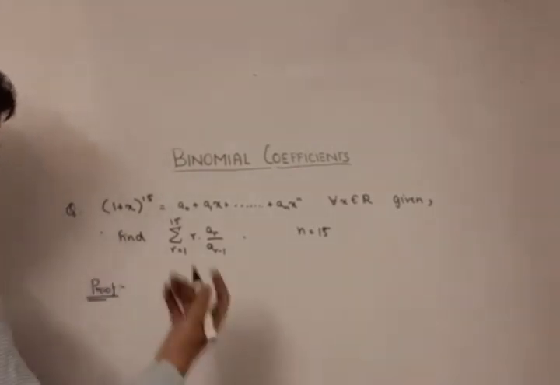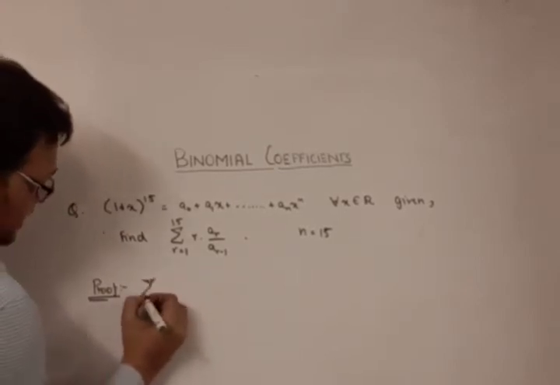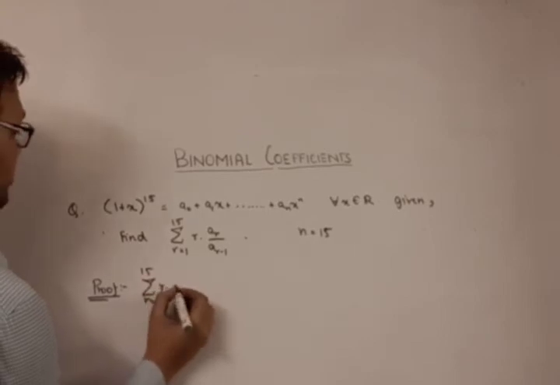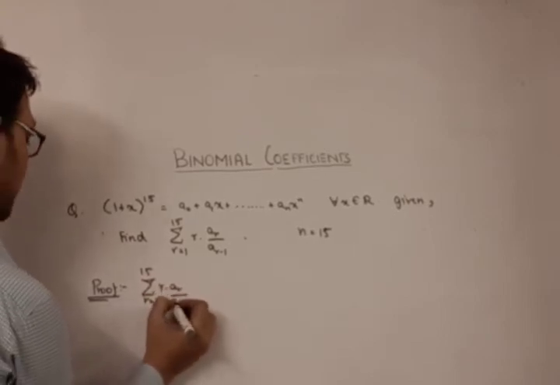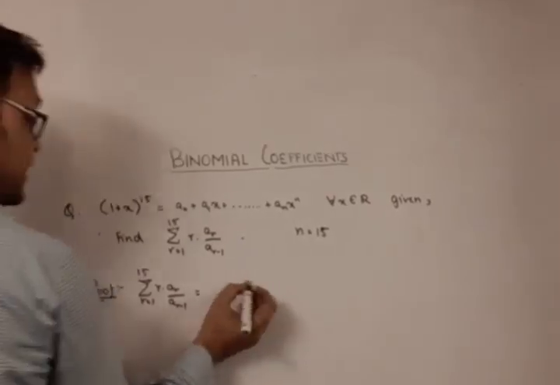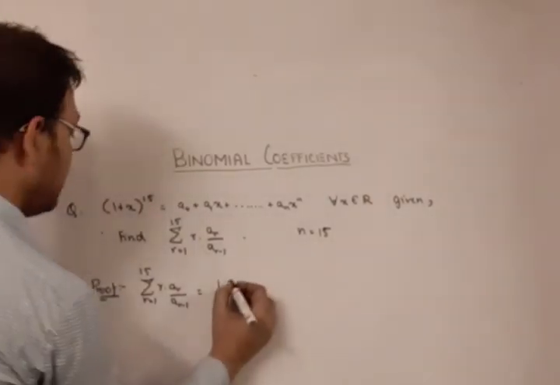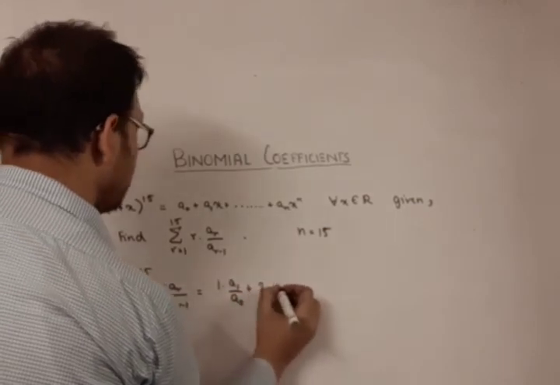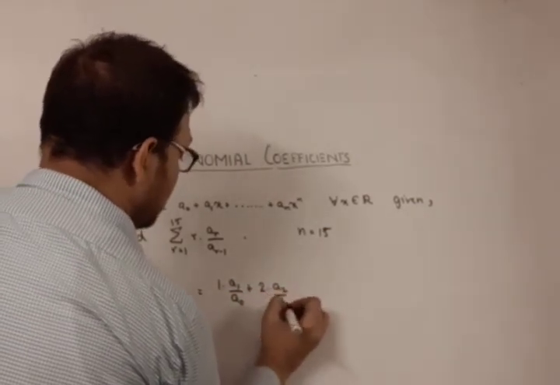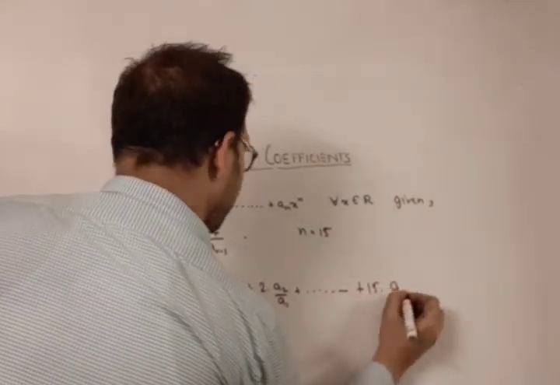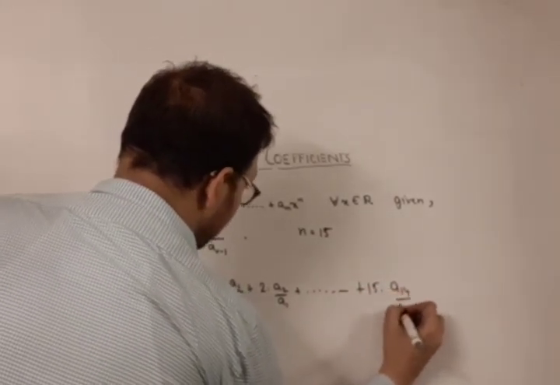So as I have taught you, the summation r equals 1 to 15 of r into ar by a(r minus 1). So we have already seen from the binomial coefficients that this results into 1 into a1 by a0 plus 2 into a2 by a1 plus dot dot plus 15 into a15 by a14.